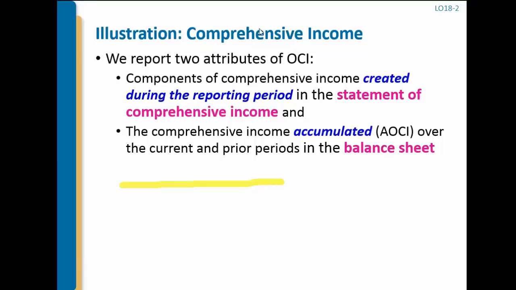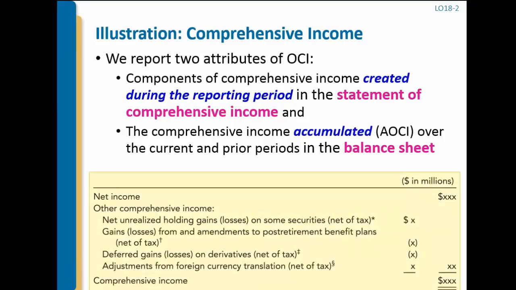So we're basically looking at the change in other comprehensive income, and the change is what took place this year as compared to what was accumulated in the prior year balance sheets. So what we see here is net income, other comprehensive income, the gains and losses on securities, net of taxes.